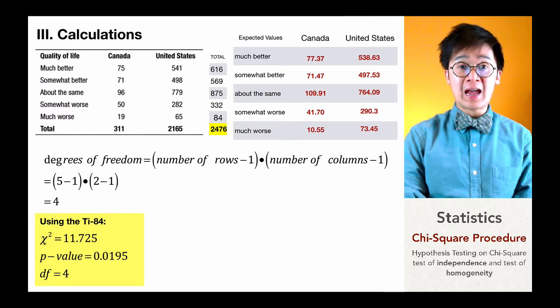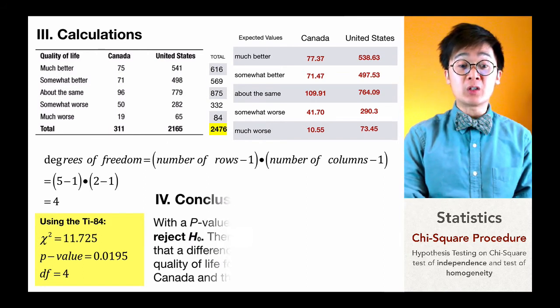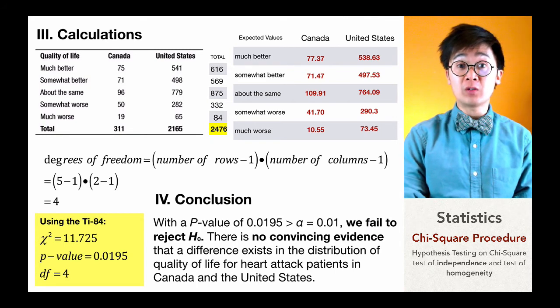So we know that at 1% alpha we are not going to reject the null hypothesis because our p-value is greater than 1%, because this one is almost 2%. So in our conclusion, we could write that with a p-value of 0.0195, which is greater than 0.01, we fail to reject the null hypothesis.